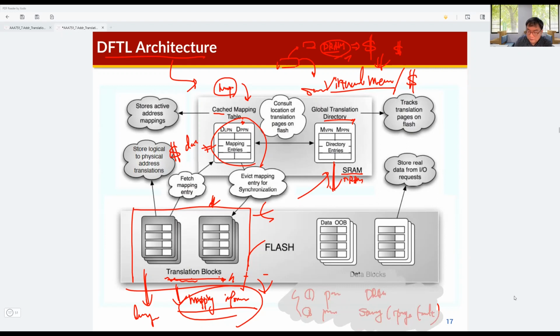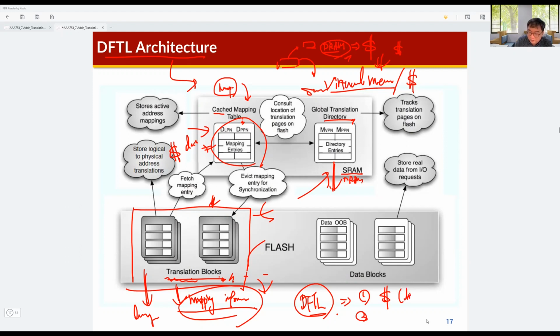That can also be applied to this DFTL architecture. So with DFTL, if a page is requested from the host, then this page's mapping information can be found in the cached mapping table, which is a hit case, or the mapping information can be found in the flash memory, which is the miss case.